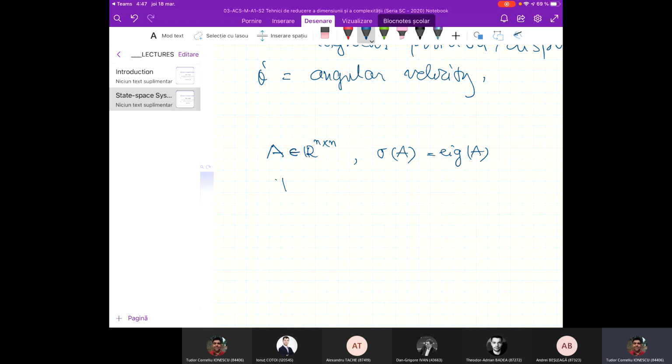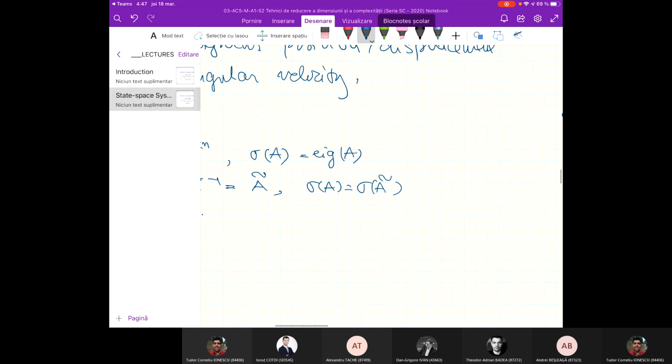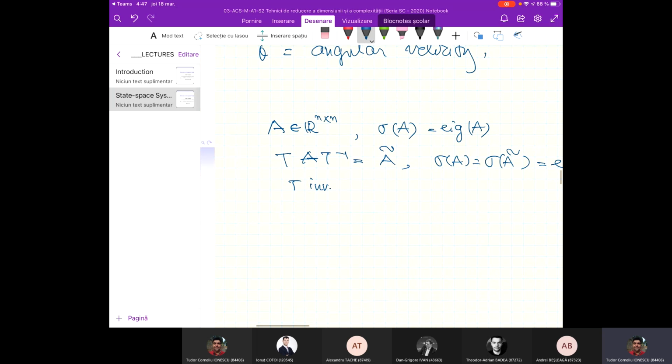So you can always multiply this matrix with an invertible matrix in this form, and you get another matrix A, but having the same set of eigenvalues. They do not change. These are called coordinate transformations.